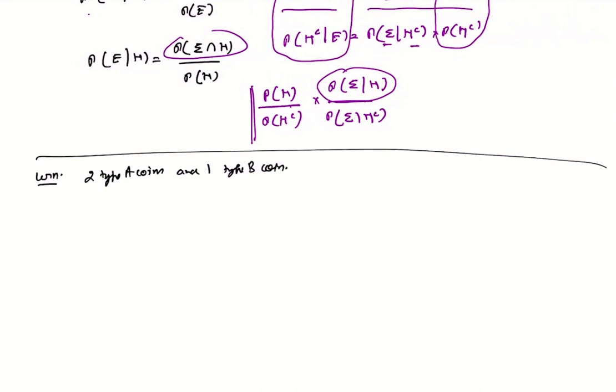When a type A coin is flipped, the head comes with a probability of 1 by 4.